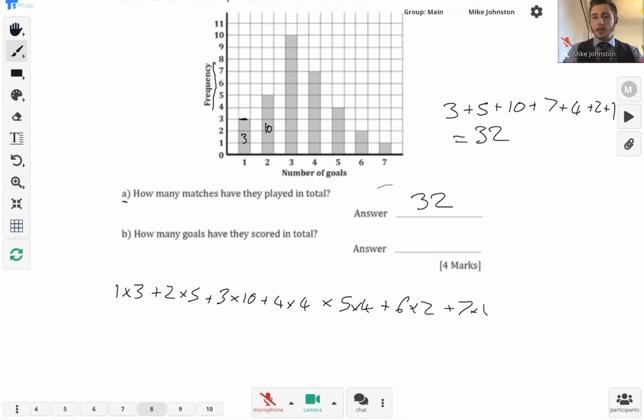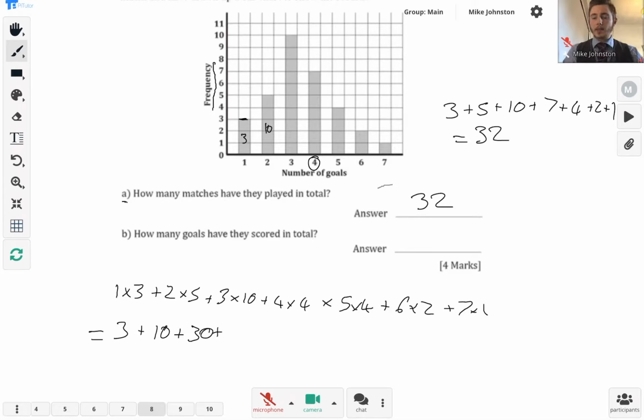Instead I'm going to do one bit at a time, and write it slightly simpler. So 1 times 3 is 3, plus 2 times 5 is 10, plus 3 times 10 is 30, plus 4 times 4. I think I wrote that slightly wrong, because that should have been 4 times 7 in this category.